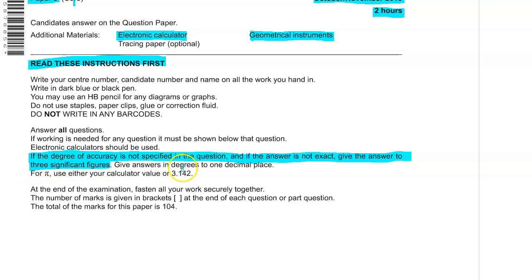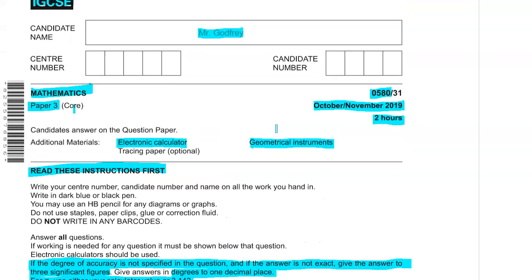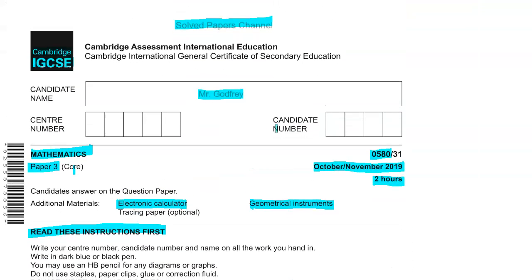If it is degrees, give your degrees to 1 decimal place. In case you want to use pi, use the pi value in your calculator or 3.142. Paper total mark is 104. There you are. Read the instructions always when you're given a paper.